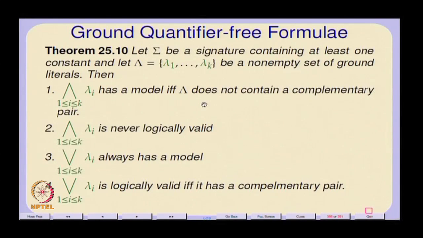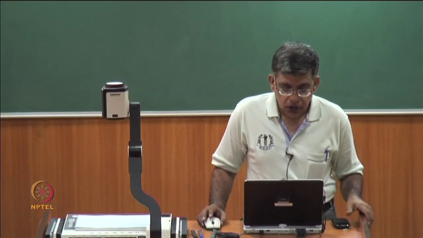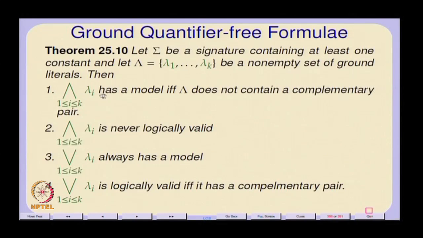Then the big AND of lambda I has a model. By a model we are actually referring to a Herbrand model, but at the moment let us just look at it this way; our proof will actually construct a Herbrand model. The big AND of lambda I has a model if and only if capital lambda does not contain a complementary pair.